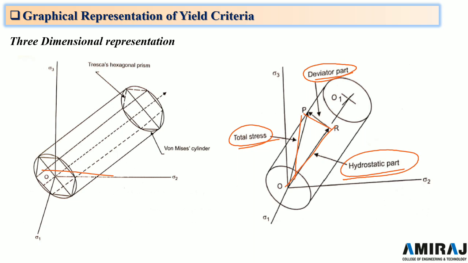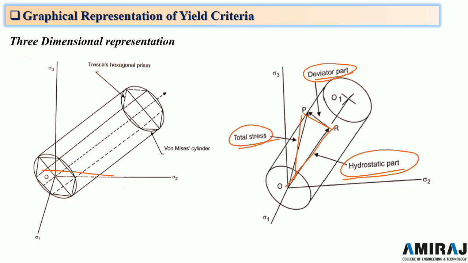Now, if the point P lies inside the von Mises cylinder, the material is elastic or the body is a rigid body. It becomes plastic only when the point P lies on the surface of the cylinder.